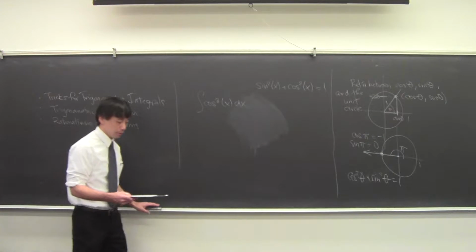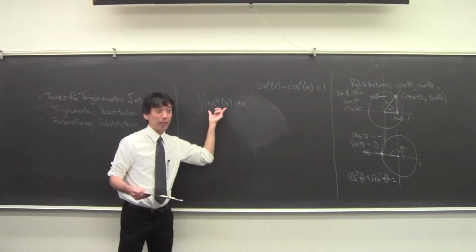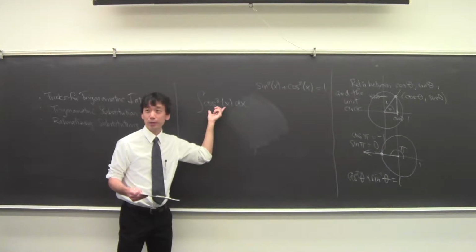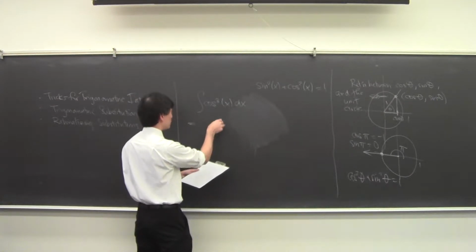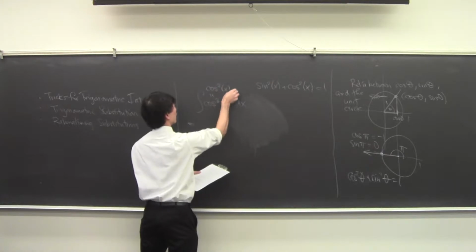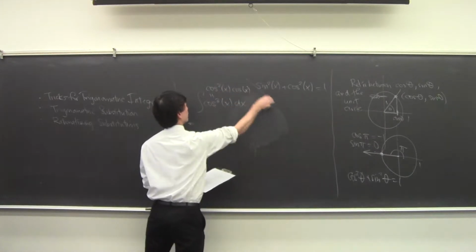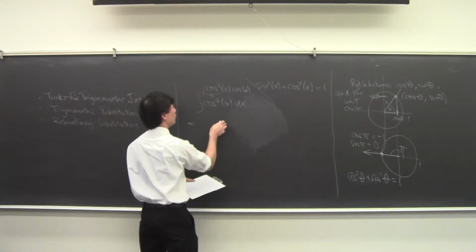If you just look at this by itself, maybe it's not so obvious how you would integrate it. You say, okay, I'm going to use the Pythagorean identity. I'm going to think of this as cosine squared times cosine, and I'm going to replace the cosine squared with 1 minus sine squared.